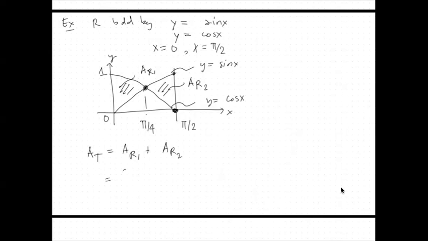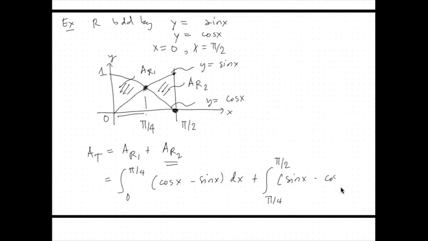For region 1, it's just the integral from 0 to pi over 4 of the upper, cosine, minus the lower, sine, with respect to x, plus the area of region 2, from pi over 4 to pi over 2, where the upper now is sine and the lower is cosine of x, with respect to x. So now here we see some breaking of our region into two sub-regions.